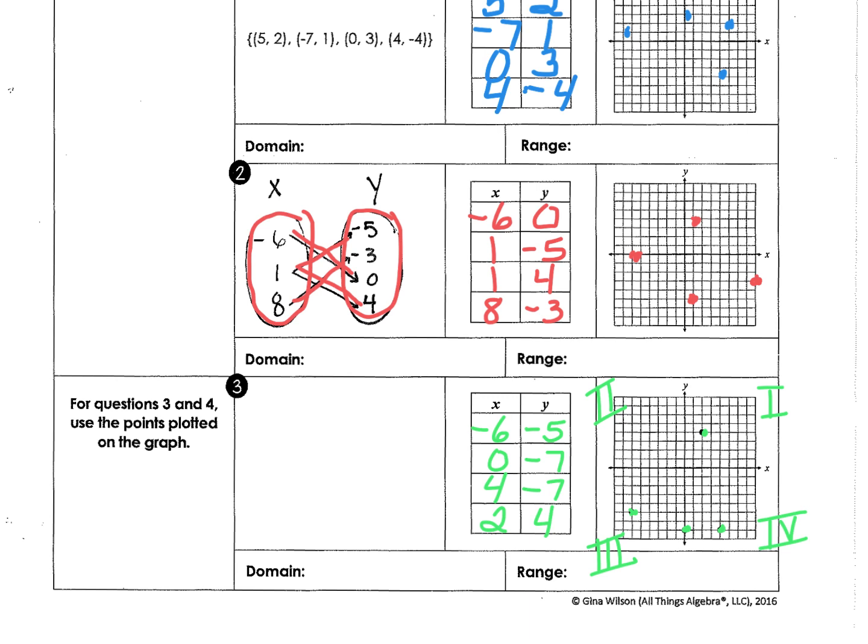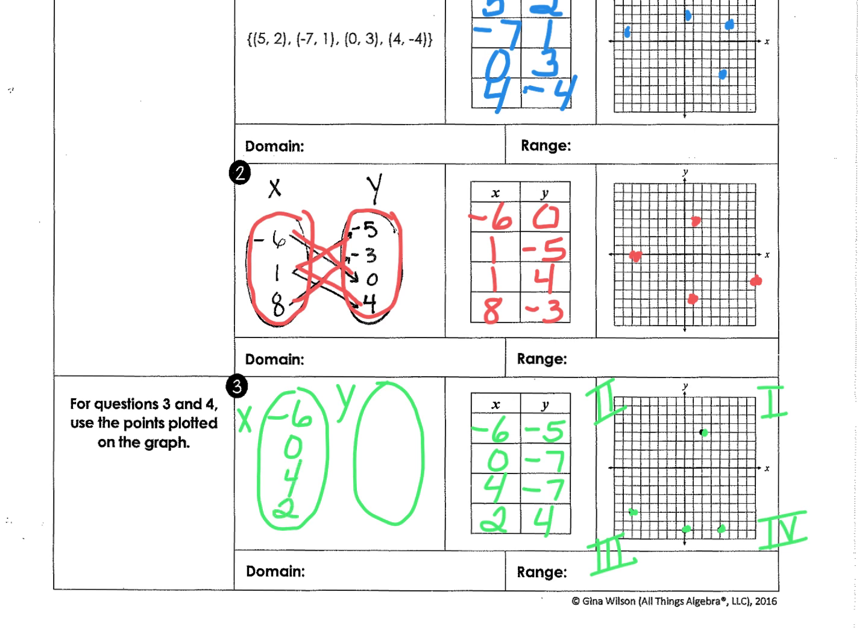Now I'm going to map these. So I'm going to draw an oval. I'm going to draw another oval. A lot of times we label it X and Y. Probably should have put them on top. So in my x column, I have -6, I have 0, I have 4, I have 2.